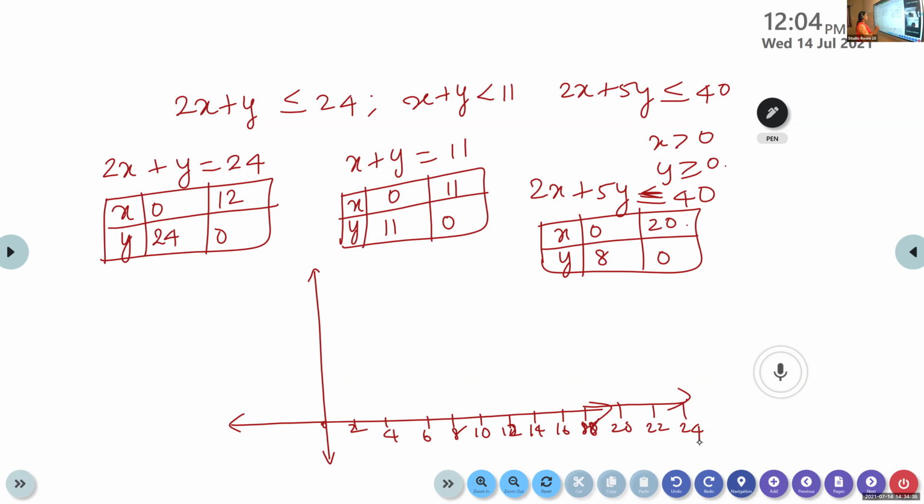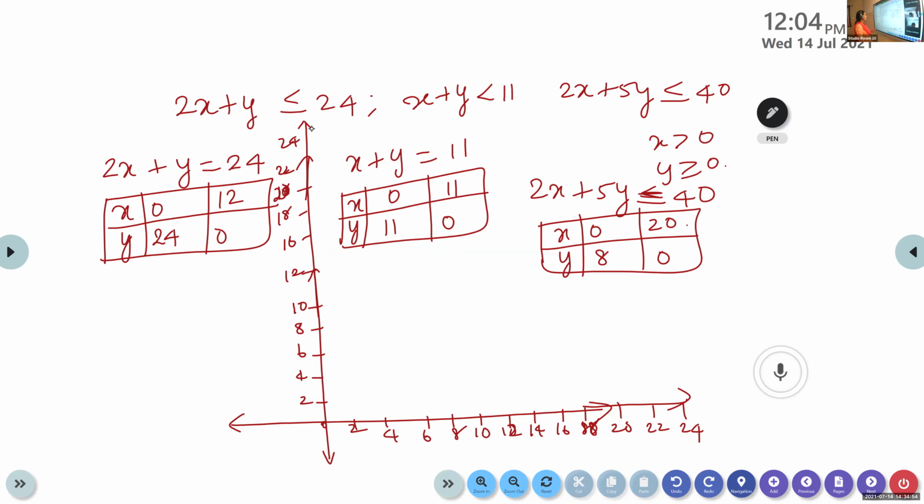And for the y value also I want a maximum of 24: 2, 4, 6, 8, 10, 12, 14, 16, 18, 20, 22, 24.